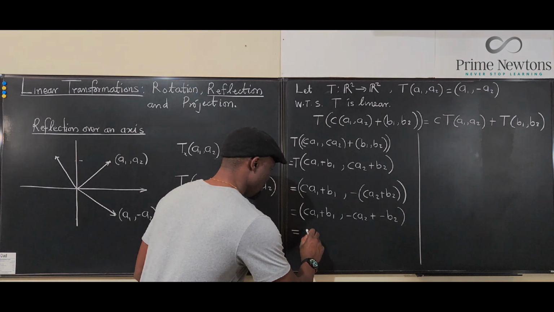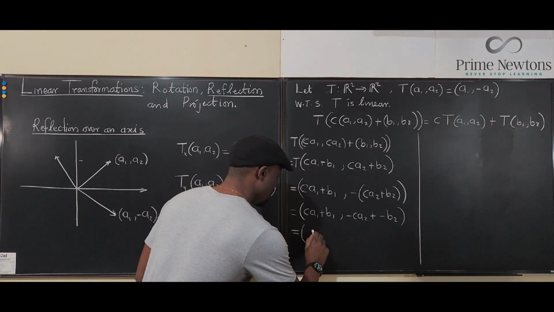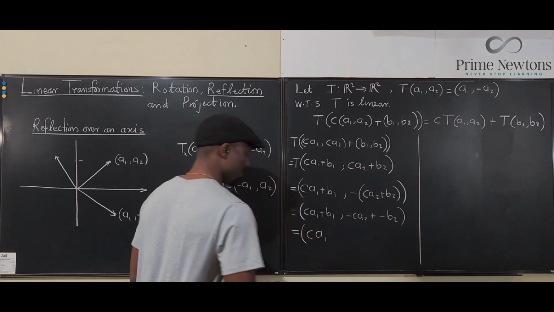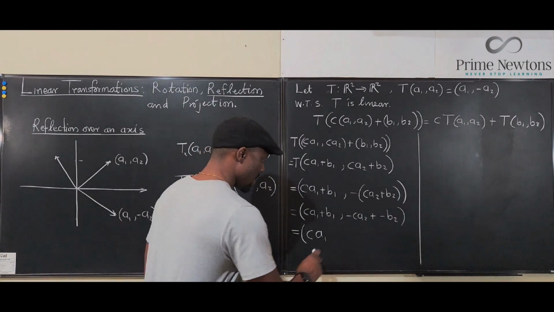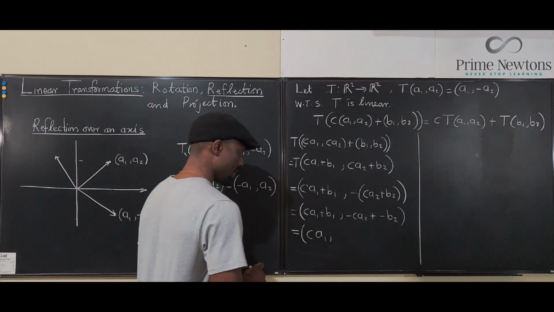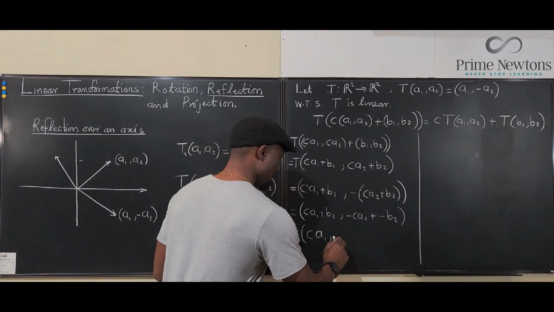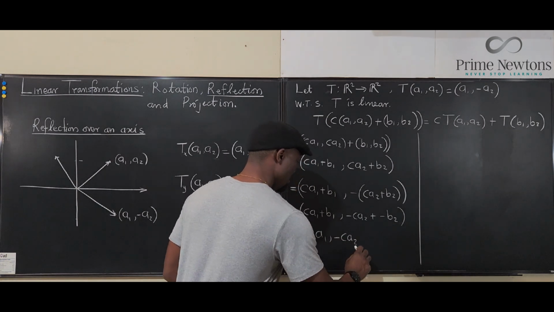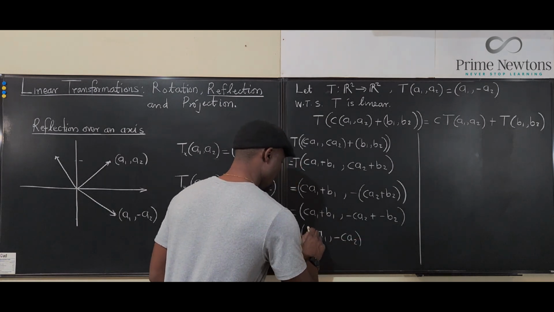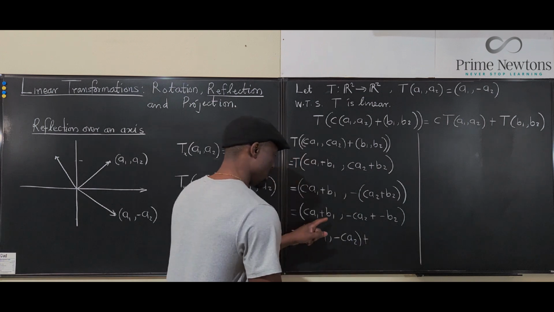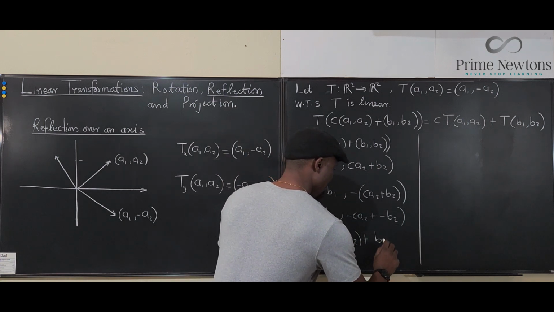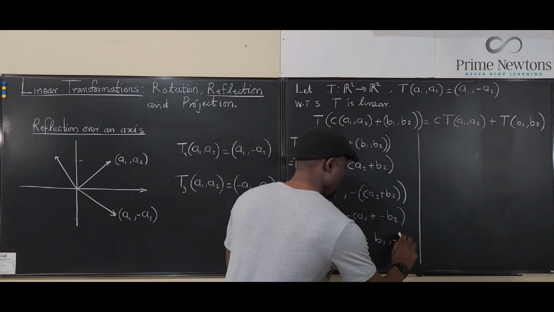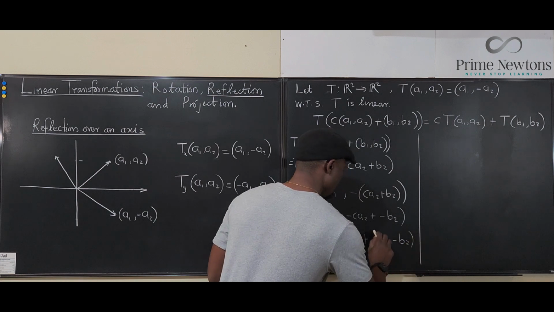So this is going to be CA sub 1, comma, negative CA sub 2. Then we put this together, plus B sub 1, comma, negative B sub 2.